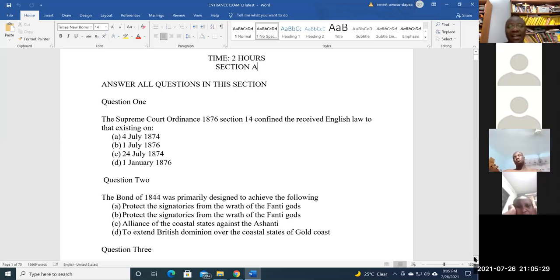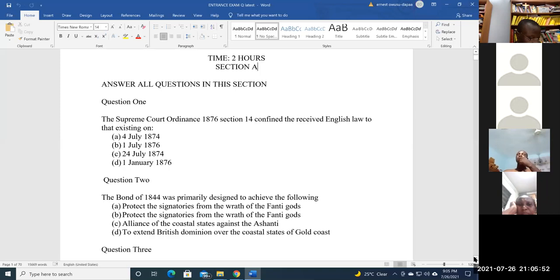In terms of sources of law applicable to the courts, the Supreme Court Ordinance made the prescription of what laws are available to the courts when they are adjudicating cases.